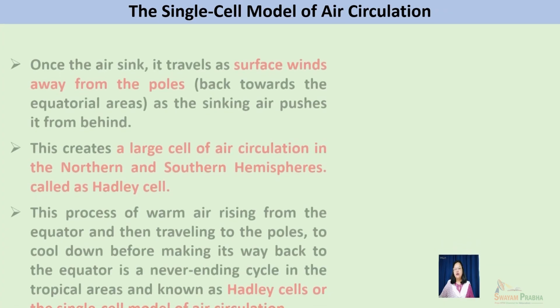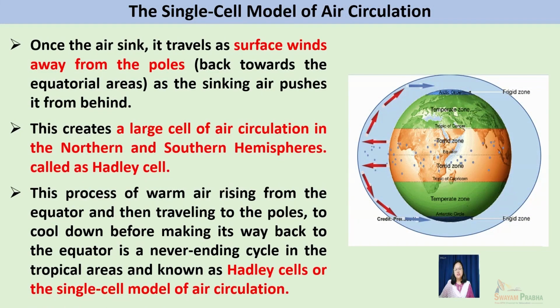Now, once the air sinks at the polar areas, it travels back to the equatorial areas as the surface winds away from the polar areas. So we already know that the polar areas, because of low temperature, have high pressure conditions at the ground surface, because of which as soon as the air from the upper tropospheric level sinks in these higher latitudinal polar areas, it tends to diverge at the ground surface because of existing high pressure.